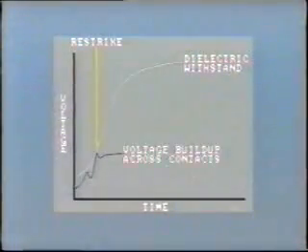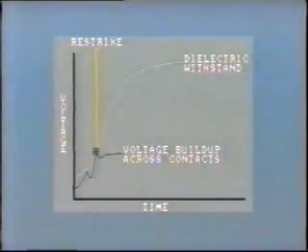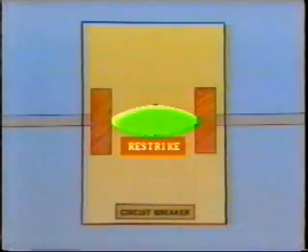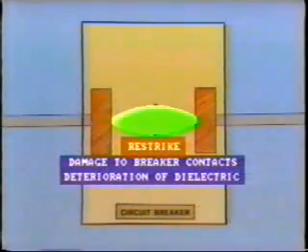If this voltage builds up too fast, or if there is a sudden surge of voltage, the dielectric strength of the breaker's insulation could be exceeded. When this happens, the arc is reestablished and current again flows. This dielectric breakdown is known as a restrike. It can cause serious damage to the breaker contacts, in addition to deterioration of the oil or gas dielectric.